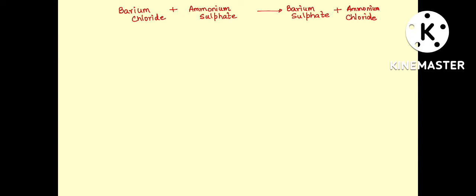So I'm going to do a quick equation over here. Although we have dealt with the ionic equations in a separate video, I have taken up many examples of how to write ionic equations. A quick recall over here. So barium chloride, now here I've got barium chloride in an aqueous solution. Ammonium sulfate, NH4 whole twice SO4, gives me barium sulfate. Of course, yes, this is also in aqueous. Why aqueous?